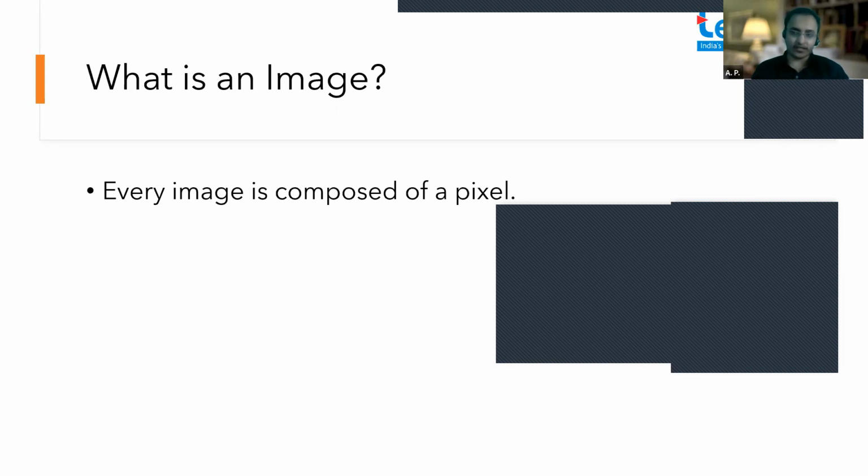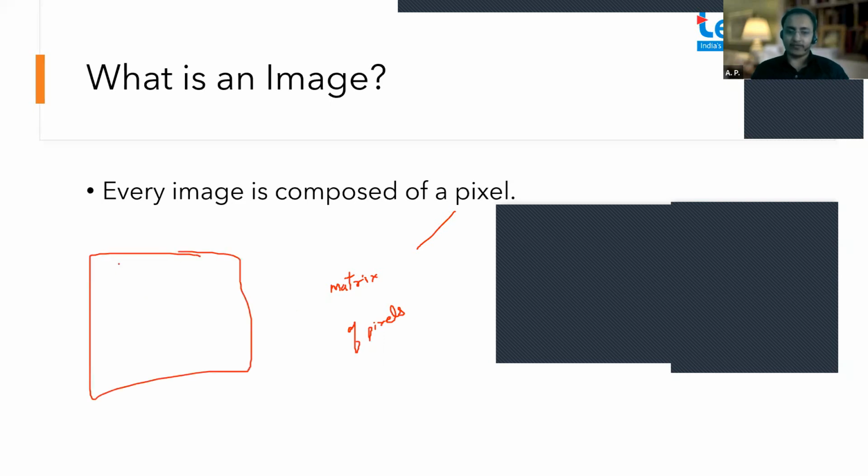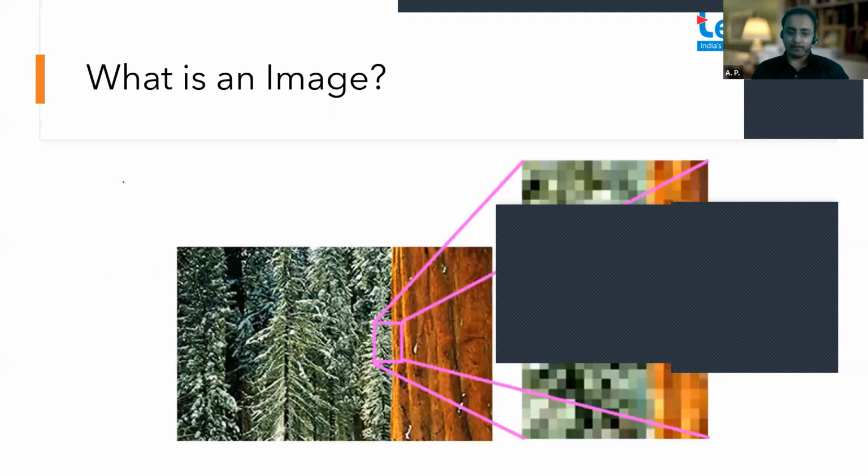Mostly images are arranged in the form of matrices, so you can think of an image as a matrix of pixels. You have a lot of pixels arranged in a matrix format, and that's what composes an image. If I look at an example, it could be, let's say, this one.